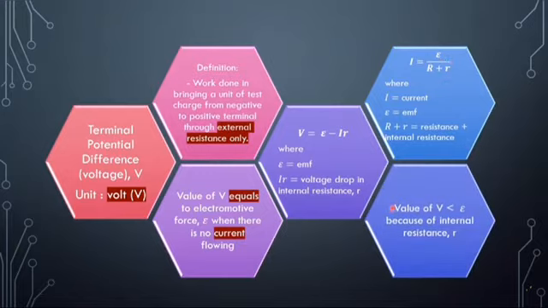After calculating, the value of our terminal voltage should be smaller than EMF because of internal resistance. When we calculate the terminal voltage, as you can see here, we take into consideration the internal resistance. So the value of terminal voltage should be smaller than our value of EMF.